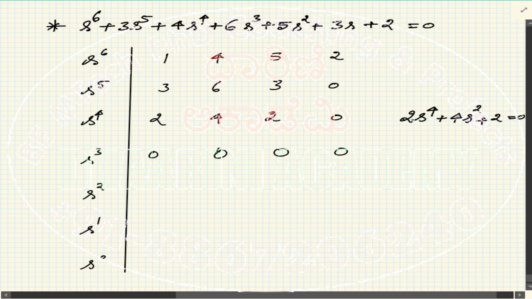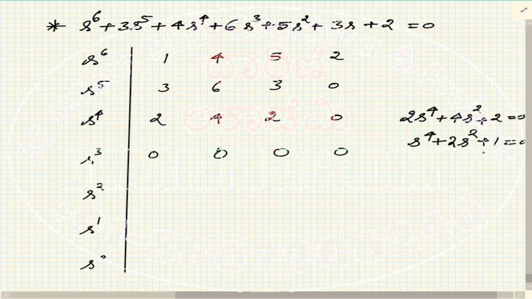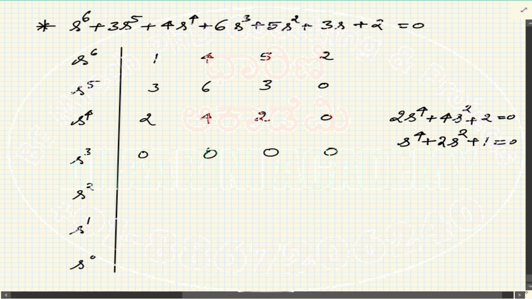Actually, you can directly simplify this if possible, right? Because there is a 2 common throughout in the above equation. I can write it as s to the 4 plus 2s squared plus 1 equal to 0. And then I differentiate.